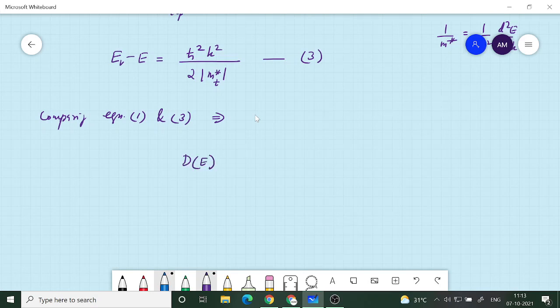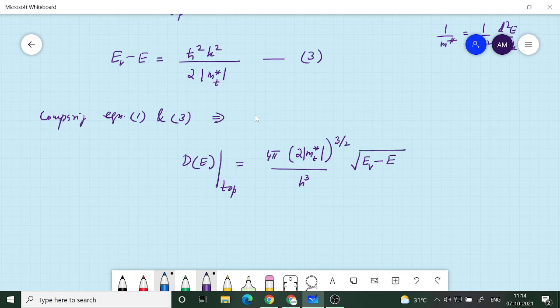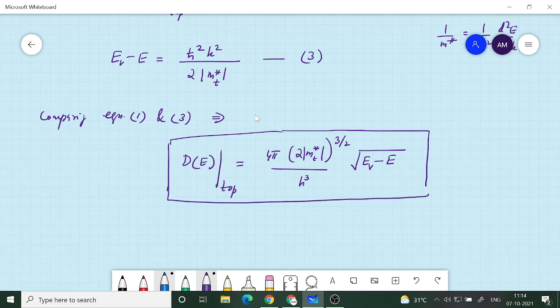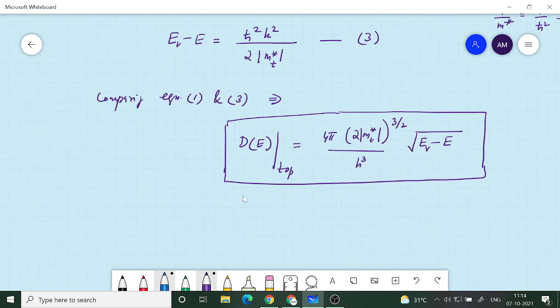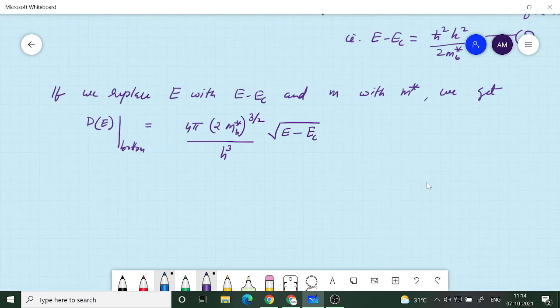So density of states for the top will be equal to 4 pi into 2 modulus m star of the top, because we got it as negative so I made it a positive quantity, then divided by h cube, into square root of EV minus E. Okay, so this is the density of states for the top of the band, and similarly we got the density of states for the bottom of the band.